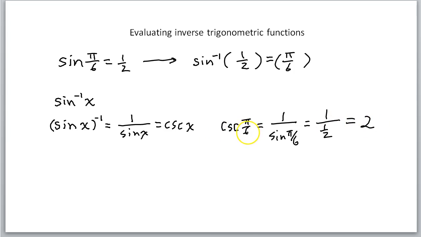And as you can see, the way that cosecant value corresponds to the sine function is different from the way that the sine inverse function corresponds to the sine function.